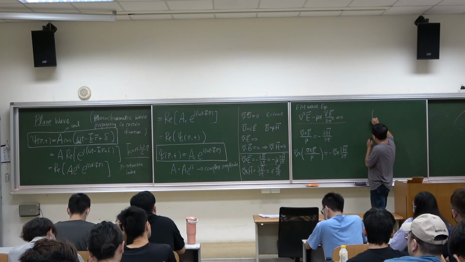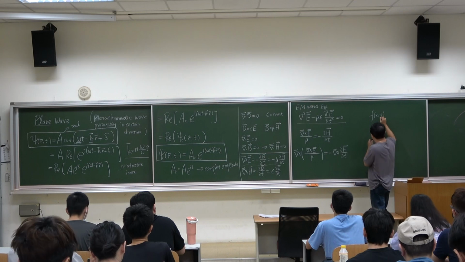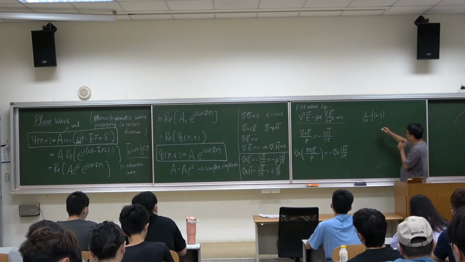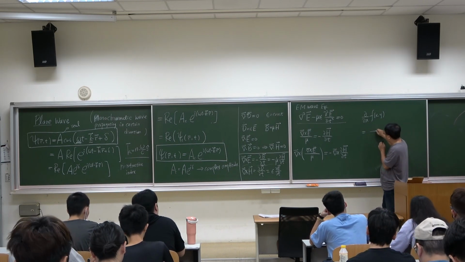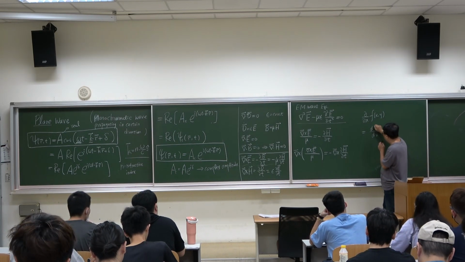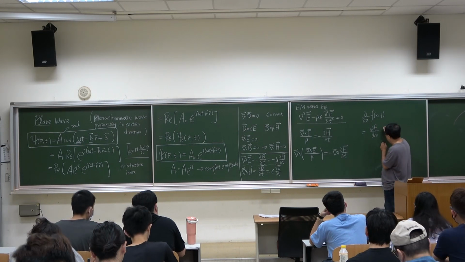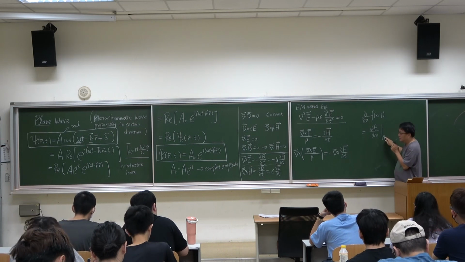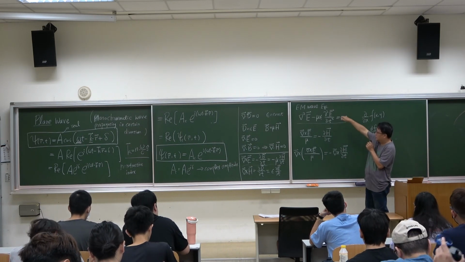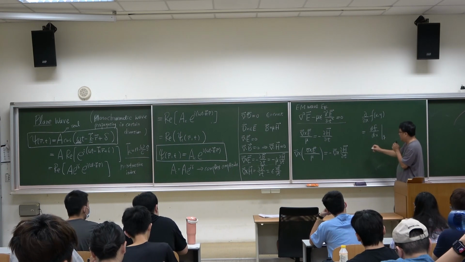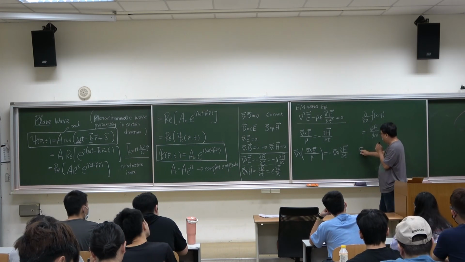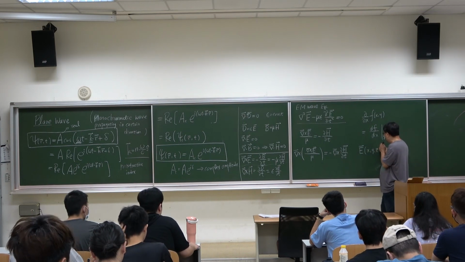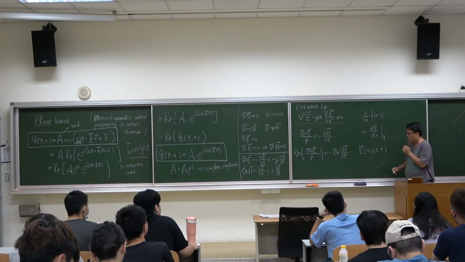For example, if we calculate this partial derivative, this means that we do this differentiation but fix y. Now all the quantities in the electromagnetic fields are functions of x, y, z, t.